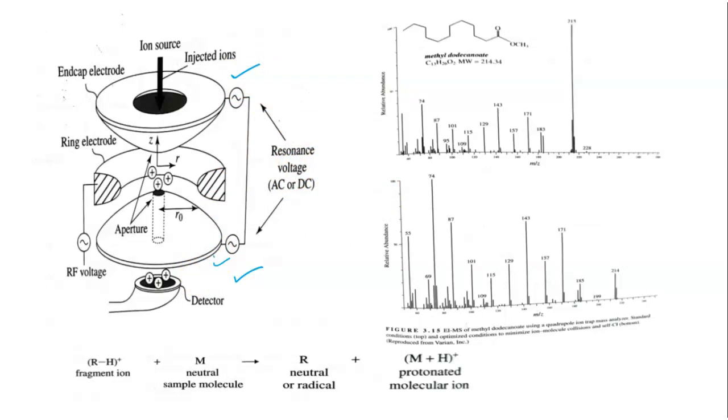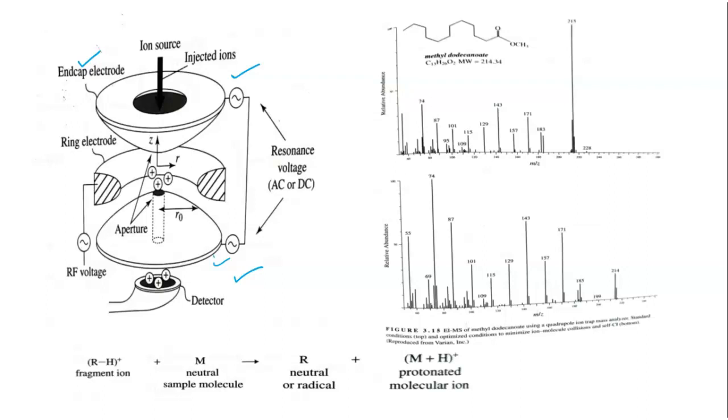It consists of two hyperbolic end cap electrodes, between which you can see a donut shaped ring electrode. That is your end cap electrode. Over here you can see it is mentioned. This is the donut shaped ring electrode, that I have already labeled.